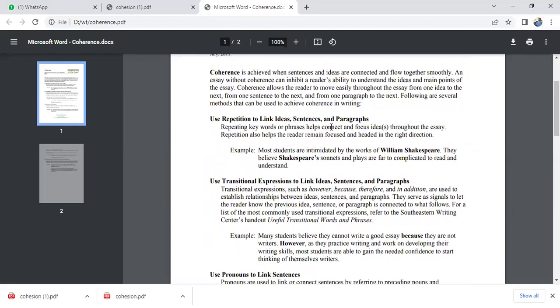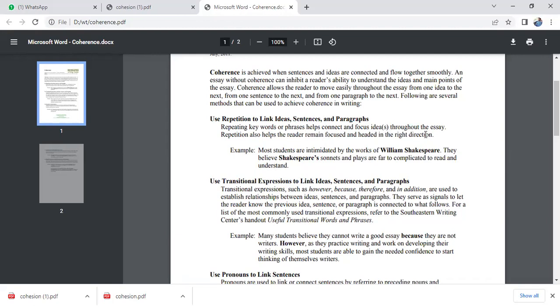Sometimes you repeatedly use certain words, certain ideas, certain phrases. Why do you use them? In order to bring unity, in order to bring coherence in your writing. Repeating keywords or phrases helps connect and focus ideas throughout the essay.